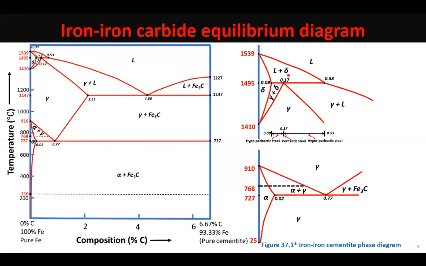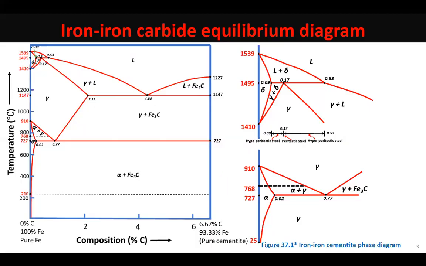Just for an example, students, consider an alloy in which there is 10% liquid. Let us assume that just before the peritectic temperature, this alloy is containing liquid and delta, and when I find out its weight percentage, liquid is 10%, delta is 90%. Now what would happen?